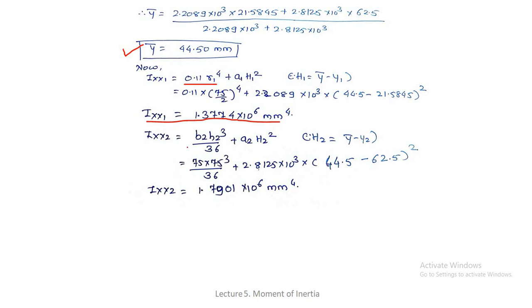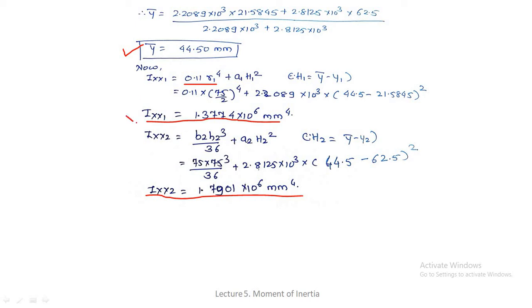Ixx2 is equal to the moment of inertia of the triangle about its horizontal centroidal axis, b2 h2 cube upon 36, plus a2 h2 squared, where the distance between the two axes is y bar minus y2. Putting those values, Ixx2 is equal to 1.709 into 10 raised to 6 mm raised to 4.